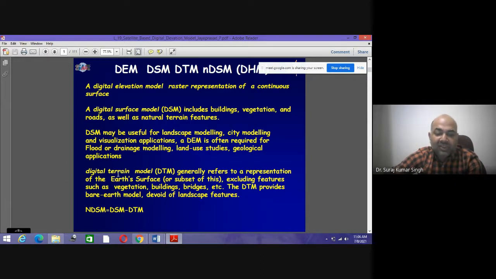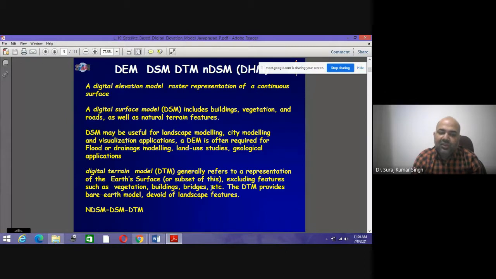Then you have got the digital terrain model that generally refers to a representation of the earth surface, excluding features such as vegetation, buildings, bridges. So when you talk about the terrain, we are talking about the land surface. We are not including the height of the buildings, not including the height of the trees, not including the different heights of different earth features.